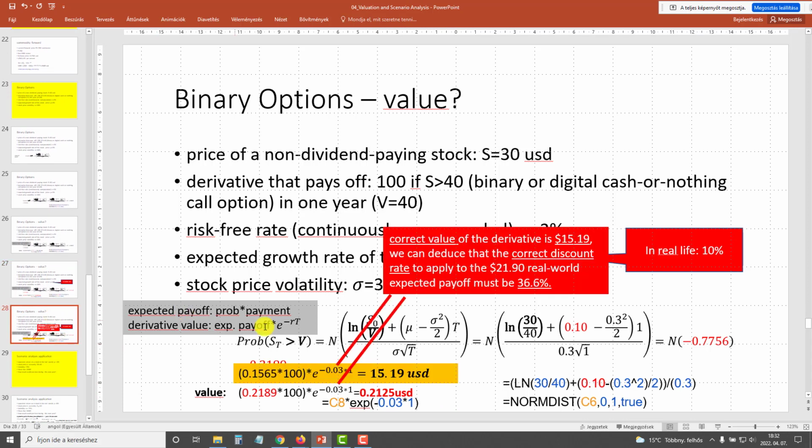If the correct value of the derivative is the lower number, we can deduce the correct discount rate. So practically the valuation is still okay, but the discount rate should be modified because of the trade-off between this mu value or the price changes in the real world.